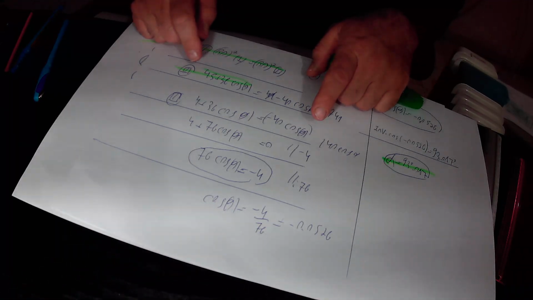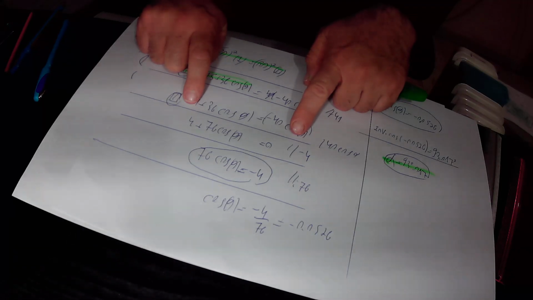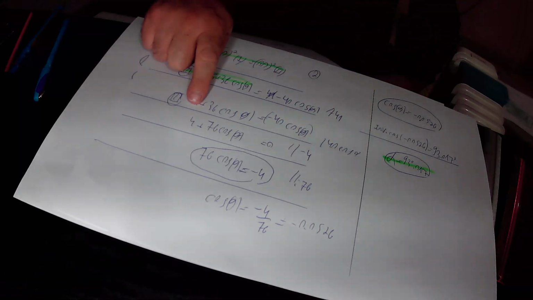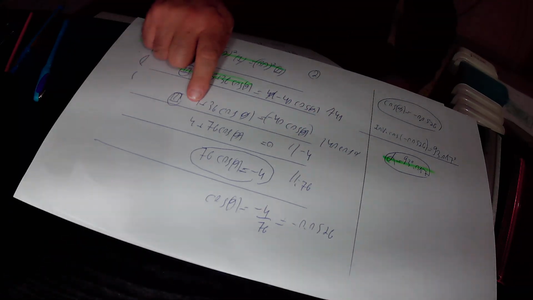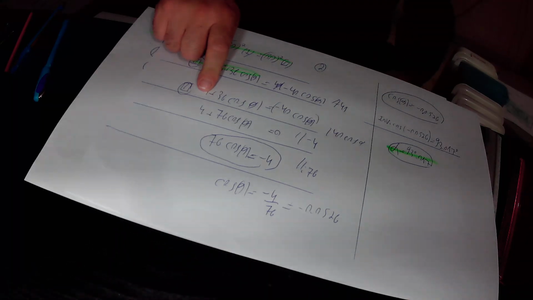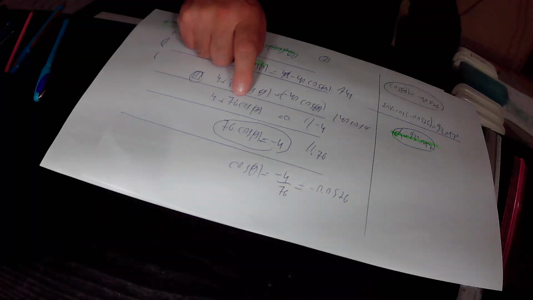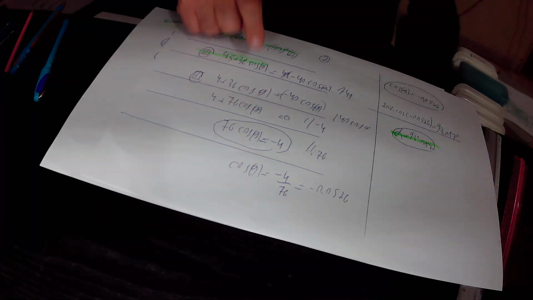So 36 cosine alpha plus 40 cosine alpha is 76 cosine alpha.